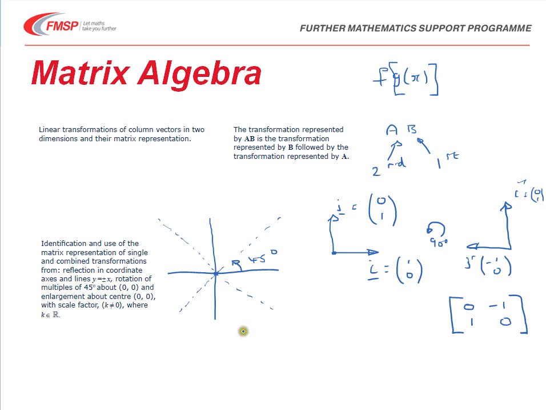The reflections, again in 45 degrees and the axes, are also quite straightforward to work out using this idea. It's worth pointing out that the determinant of a matrix, being the area scale factor: if the determinant is equal to +1, then this is going to be a rotation.